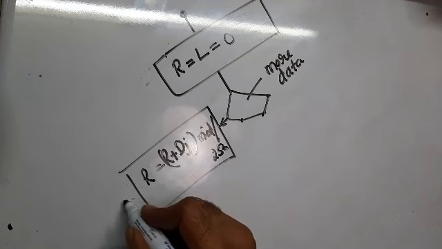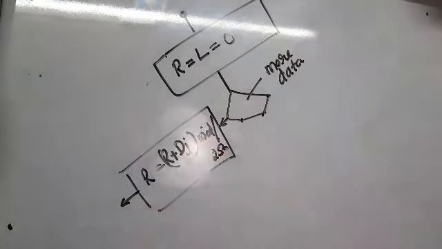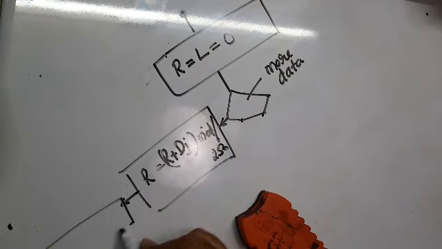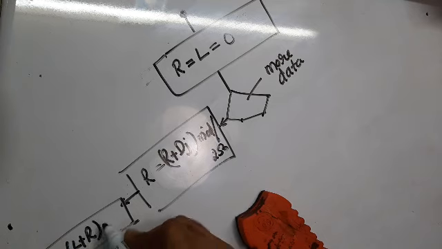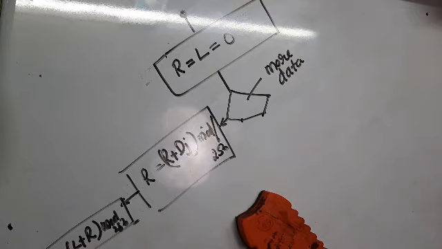Then next we find the left 8-bit. The procedure remains the same, that is L is equal to L plus R mod 256. So anything more than 256 gets added to L. This is the meaning of it.